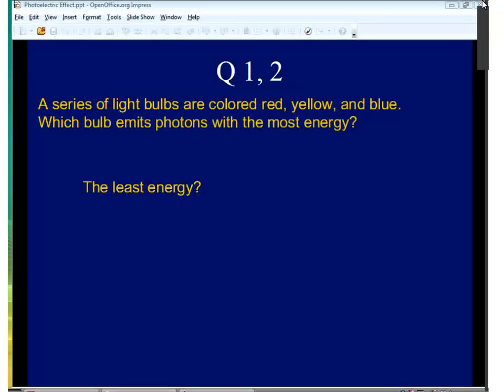So how does it become most energy? Largest wavelength means smallest frequency. So the answer should be blue. For most energy it should be blue. And what's the answer for least energy? Red is at the bottom for energy.